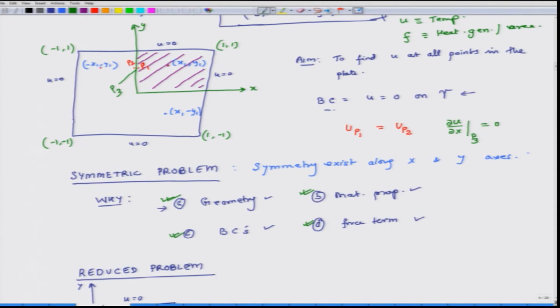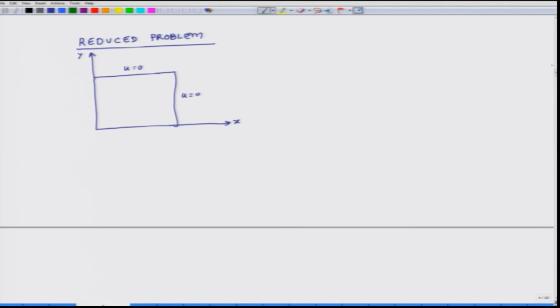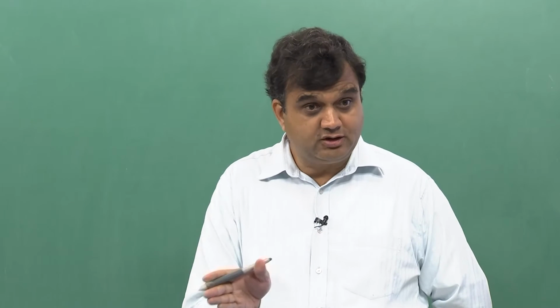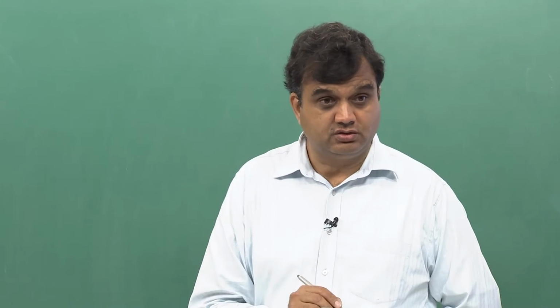So what symmetry tells us, a direct mathematical consequence of the symmetry, is that on this edge the derivative del u over del x, this is my primary variable, the derivative of the primary variable along the plane of symmetry in the direction normal to the plane of symmetry, will be 0.